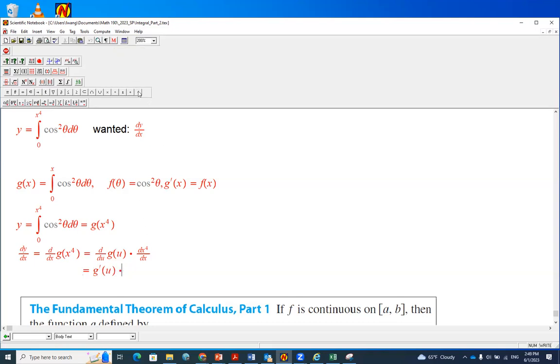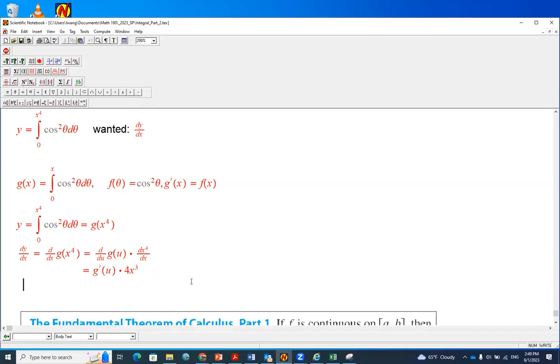And the derivative of x to the power 4 is 4 times x raised to the power 3. And g prime of u is just f of u. And multiply by 4x to the power 3. You can put it in front if you want.